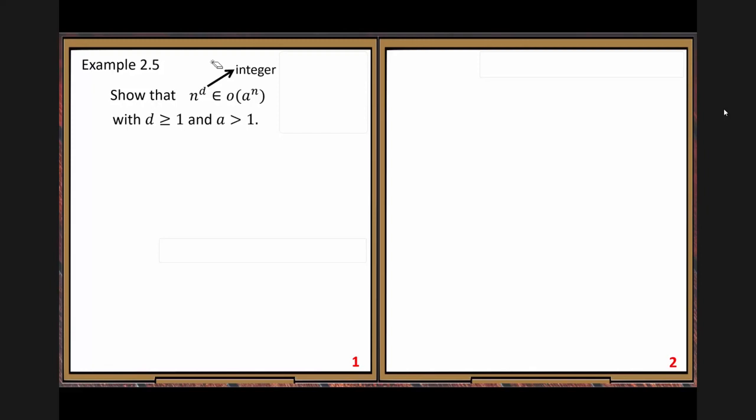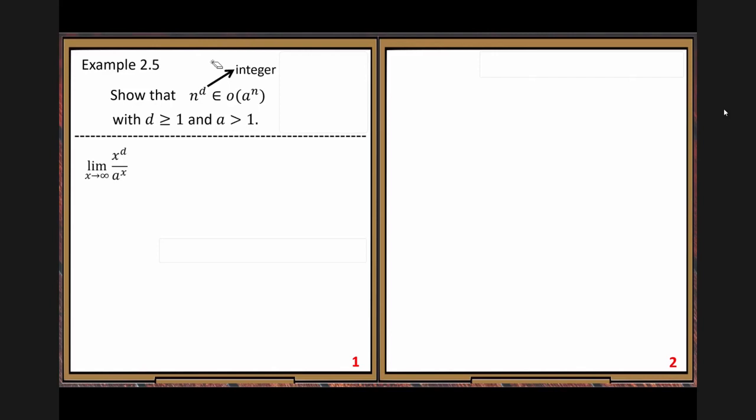You want to work on a simpler case. The integer case is simpler, so we work on the integer case first. Why is the integer case so convenient? You will see, because our technique, L'Hopital's rule, needs an integer. All right. Let's apply L'Hopital's rule here.